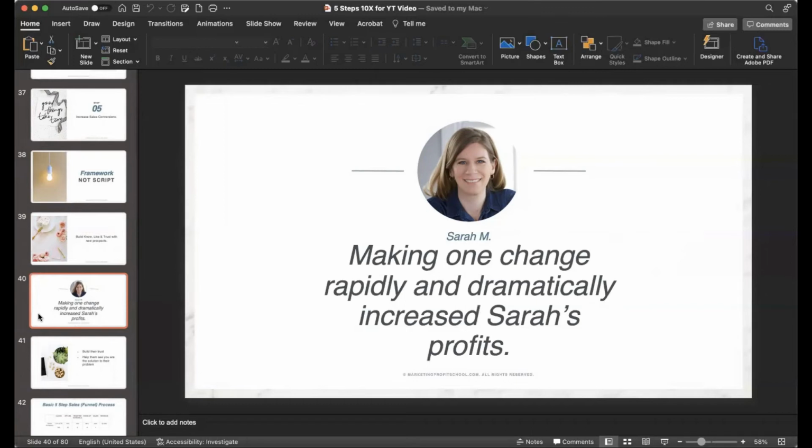So we increased her average order value by, I think, about 80% when we did that. And we were also able to increase the number of people that took advantage of her group on the back end. So she went from being stuck around $20,000, $25,000 months to her first 6-figure month and her first 7-figure year within 8 months of that, I think.